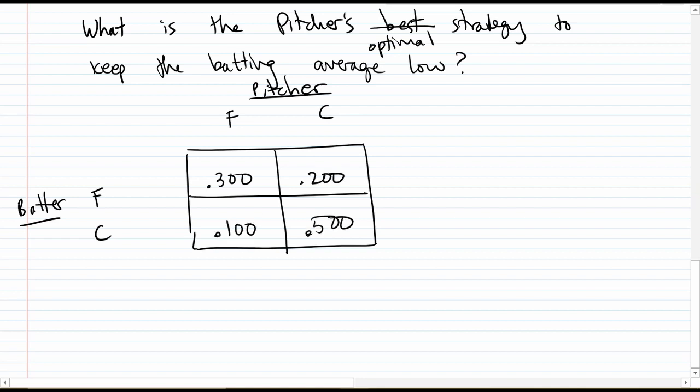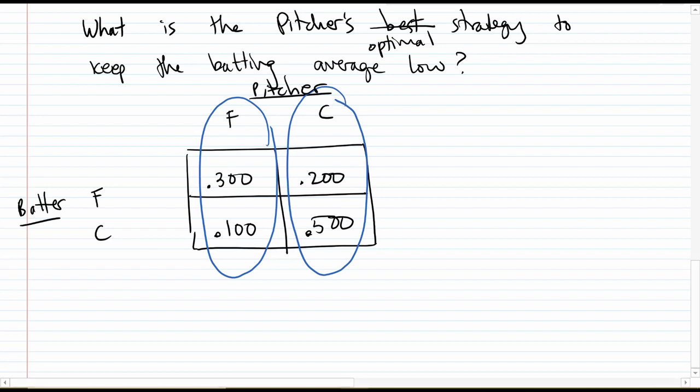So what are the pitcher's strategies? The pitcher can choose between throwing a fastball and throwing a curveball. But just like the batter couldn't know what the pitcher was going to throw, the pitcher doesn't know what the batter is going to throw. So they're not sure, are we going to be in the fastball case or the curveball case?